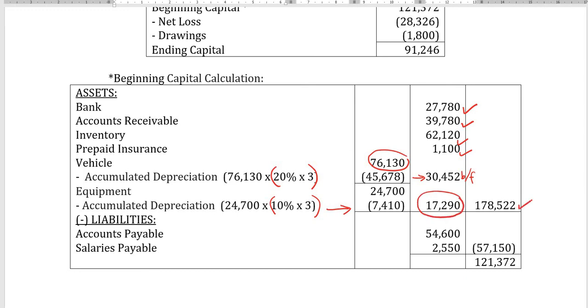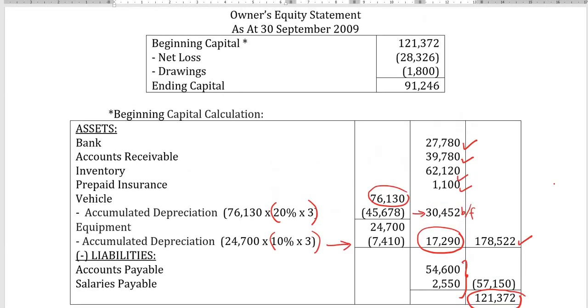Okay, so this is assets minus liabilities. So you will get the beginning capital 121,372. So this amount here we bring to here. Okay, so we minus net loss, we minus drawings, and you get your ending capital 91,246.